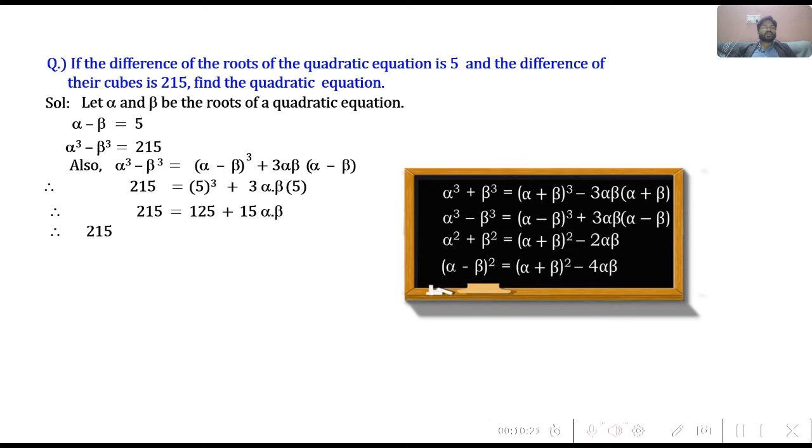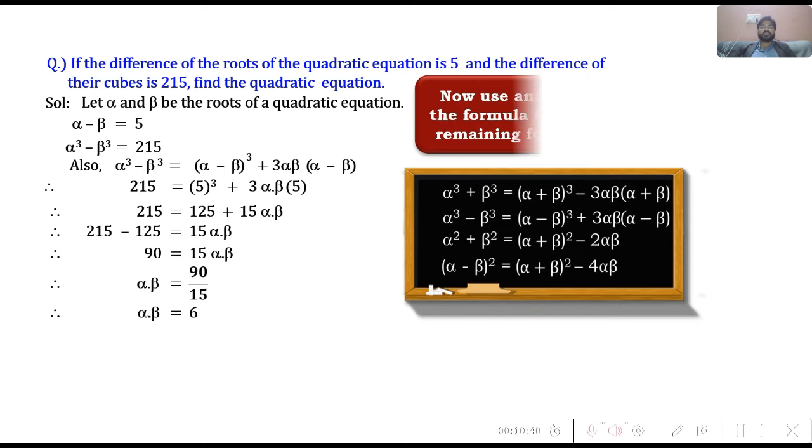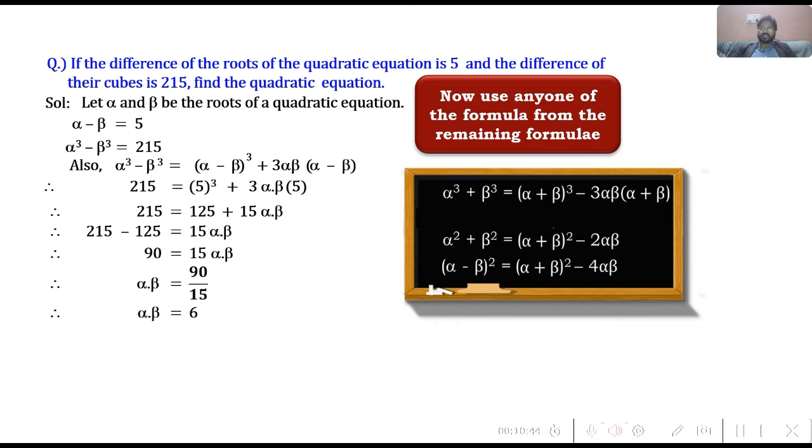So 215 minus 125 is equal to 15 alpha beta. So 90 is equal to 15 alpha beta. Now we have the product of roots, alpha beta is equal to 6. Now we have to find alpha plus beta. So now use any one of the formulas from the remaining.